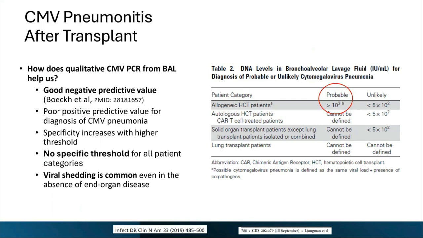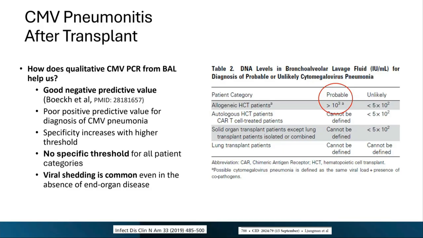In general, we always get a lot of questions because we have a lot of patients who have gone for bronchoscopy and their CMV PCR comes back positive. And then the question is, how do you interpret it? I don't think this is a testable point because this is still under investigation.